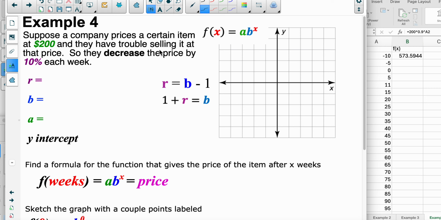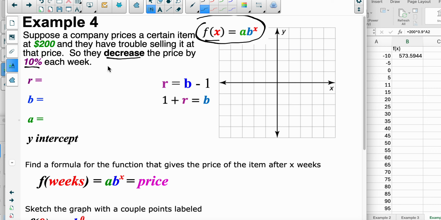And then they have trouble selling it at that price, so they decrease the price by 10% each week. Our goal here is to find a function or an equation to model what's going on with price. It's an exponential function, f of x equals a b to the x.